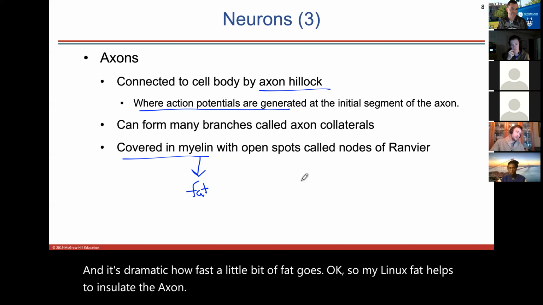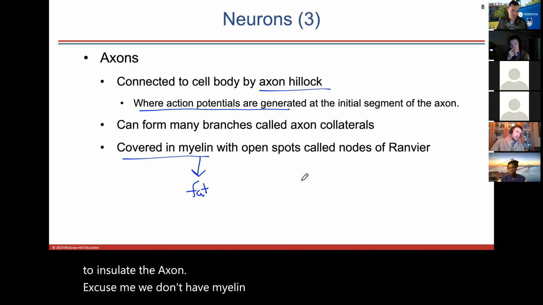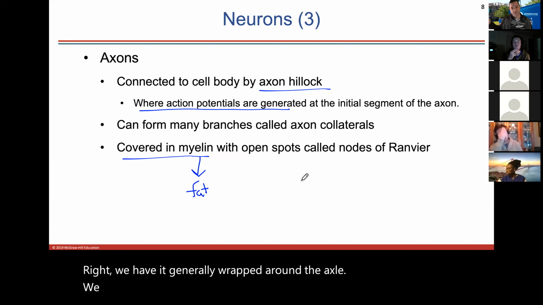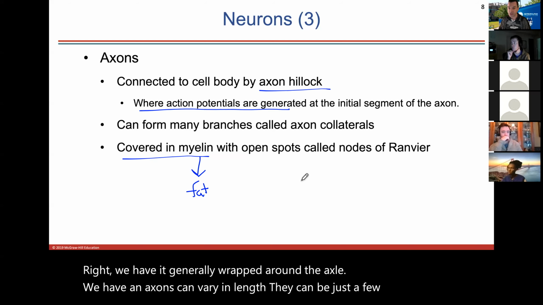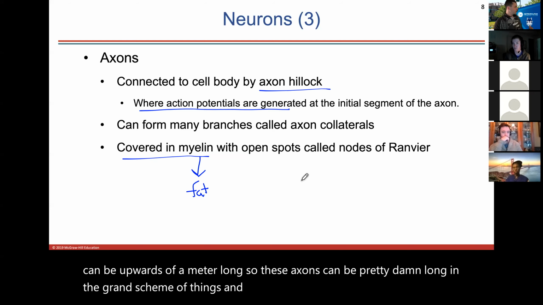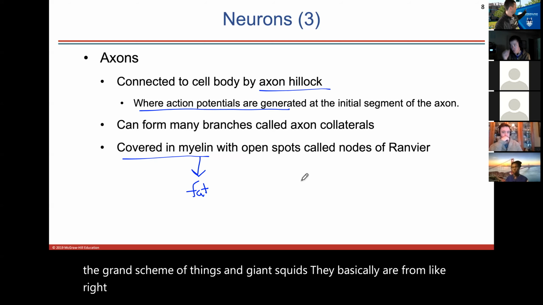We don't have myelin wrapped around dendrites. We generally have it wrapped around the axon. Axons can vary in length. They can be just a few millimeters, or upwards of a meter long. So these axons can be pretty long in the grand scheme of things. Giant squids have axons that go from right here to about 7-10 feet in that direction.